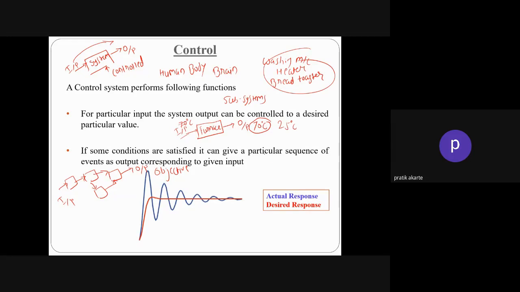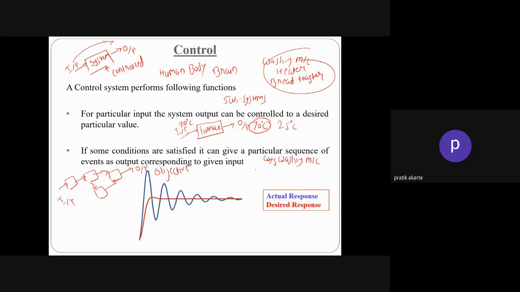For example, in our washing machine, first we put in the detergent and the water from the inlet, and the electricity, obviously.